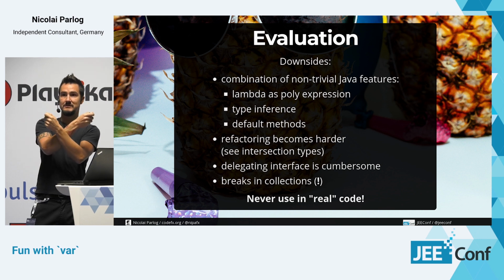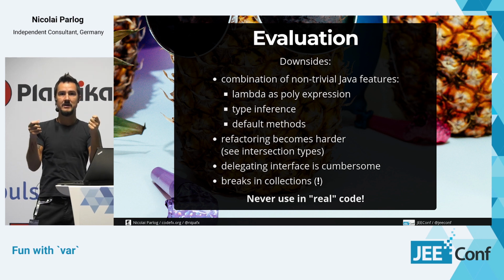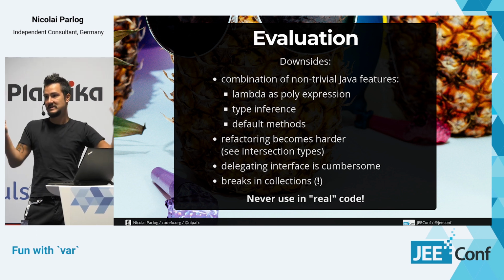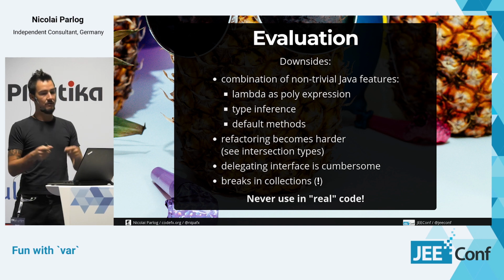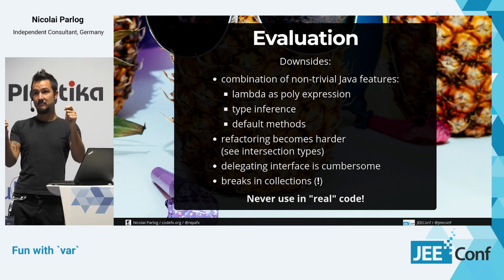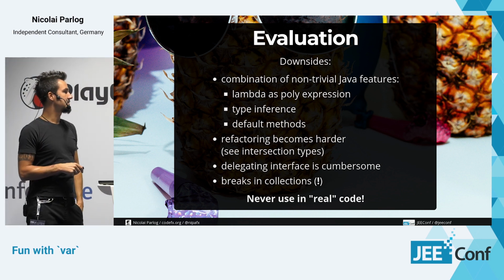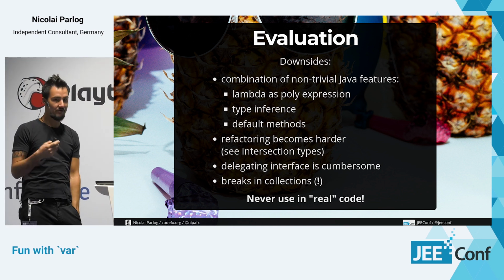But if you turn that around, if you use the delegate and call equals on that one, it refers to Object's equals, which means we just look whether it's the same instance. So you have A equals B, but then not B equals A, and that's really not a good thing. So this is why it breaks in collections and why you can really never use it in real code.